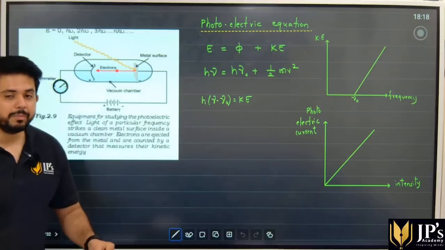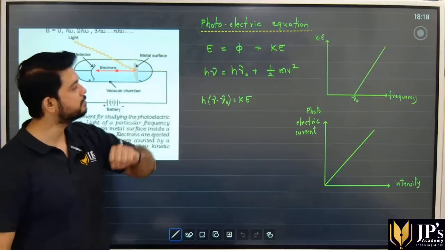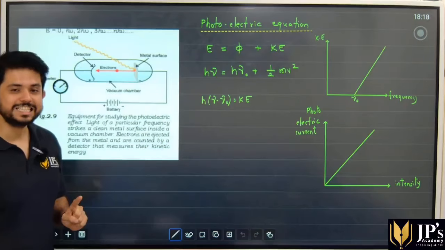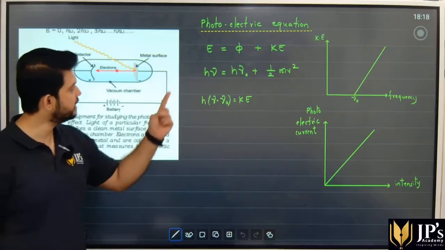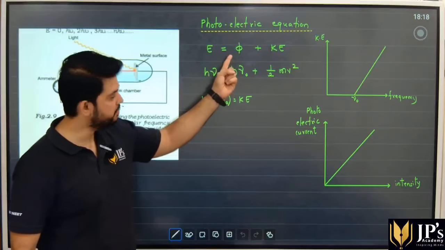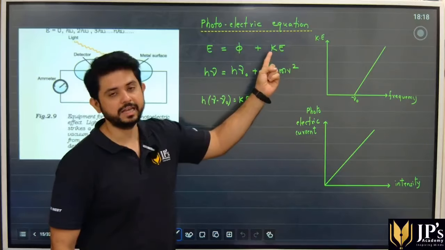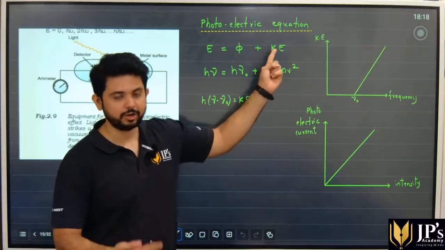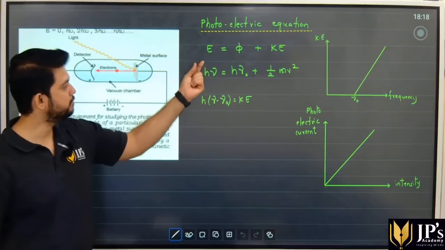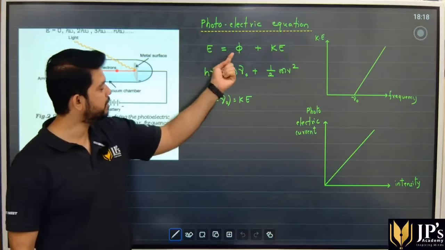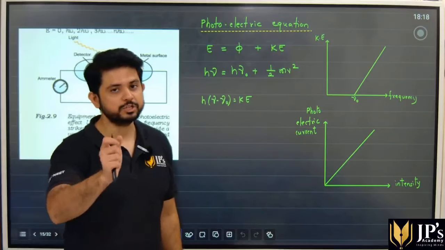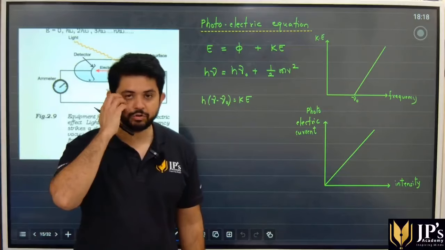This was explained by Einstein using Einstein's photoelectric equation, which says that the energy of the incident photon is used to perform the work function phi, and some kinetic energy is given to the electrons which are coming out. The energy of the photon is h nu, and the work function is h nu naught, where nu naught stands for the threshold frequency.